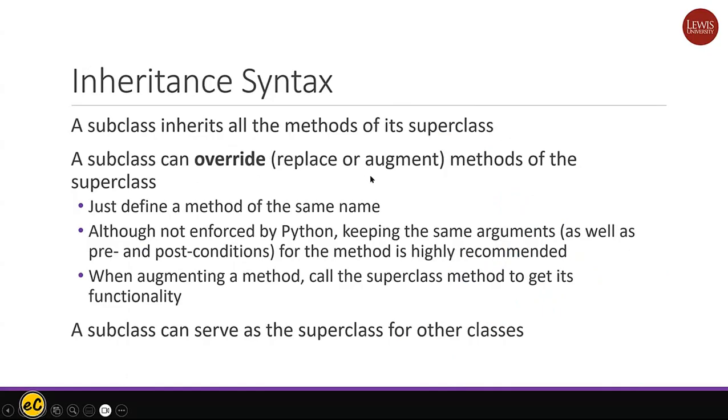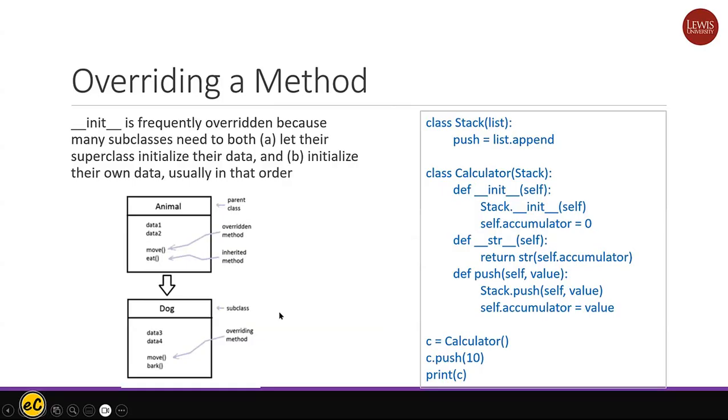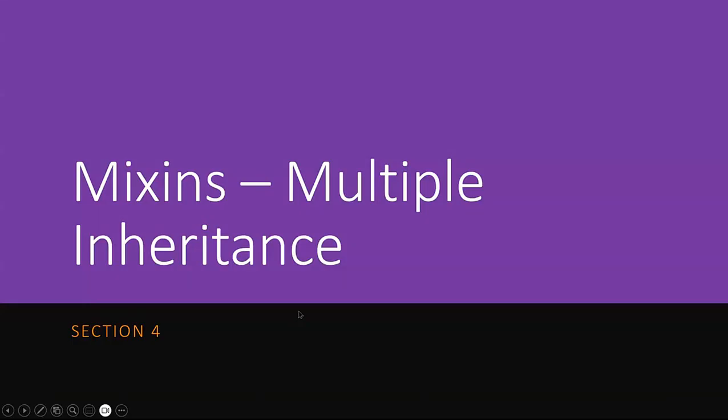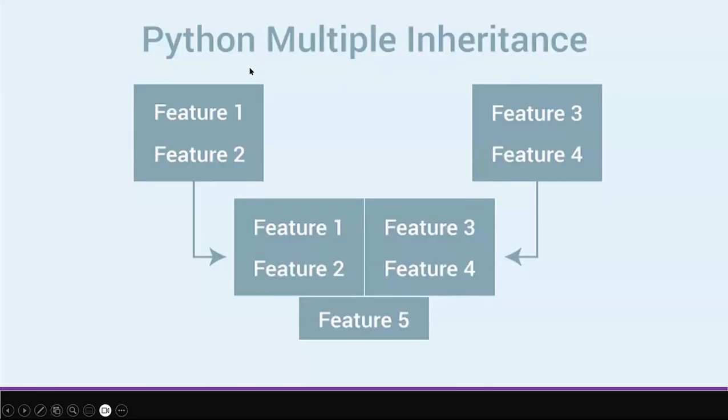Then your subclass can override the method definition of your superclass if you redefine it, okay? But that redefinition of the function must have the same name and same variable list. That's called overriding of a method. So Python has multiple inheritance.